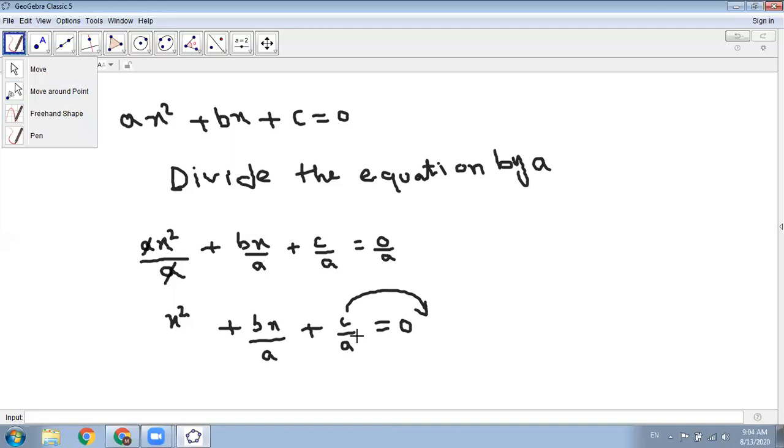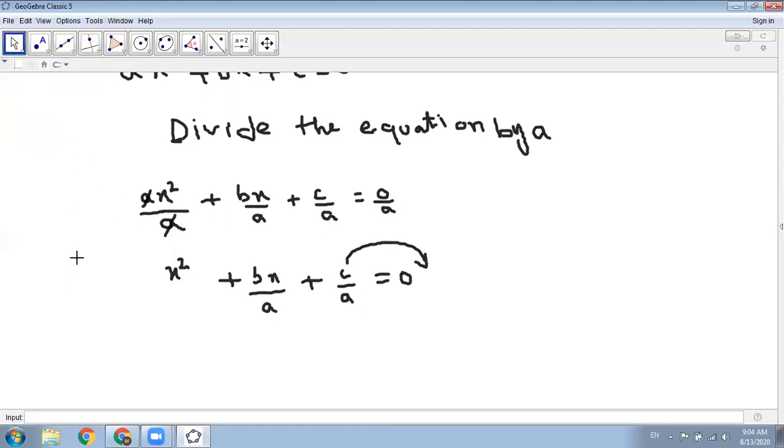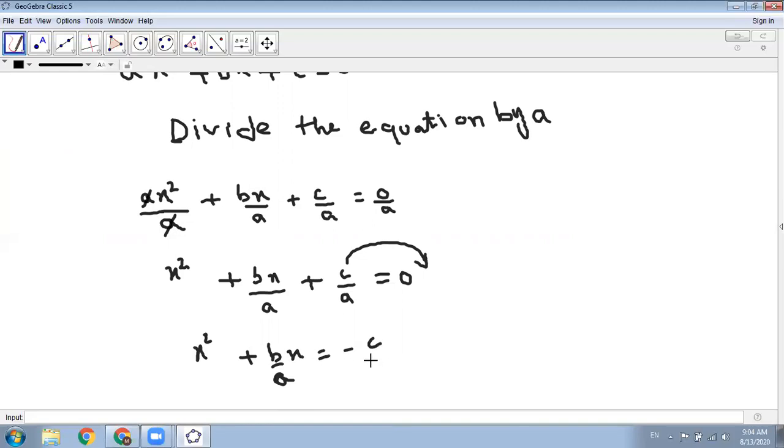So we move this constant term to this side. Now it will become x square plus b upon a x equals to minus c over a.